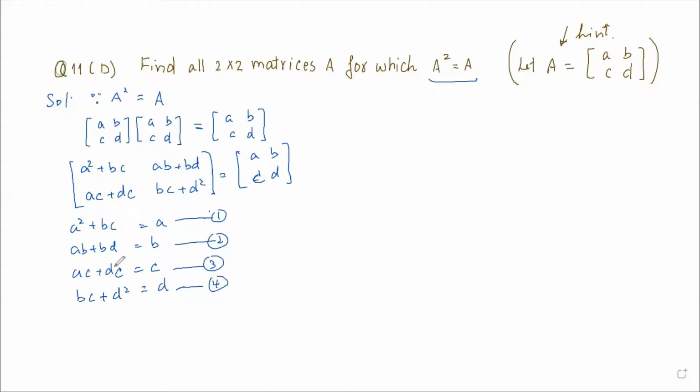Okay, so then we simplify each one, trying to get A, B, C, D. That means we want to find the matrix A, what it represents. Let me do it on this side.